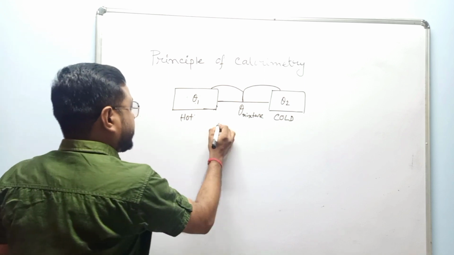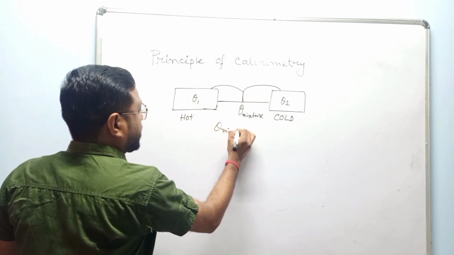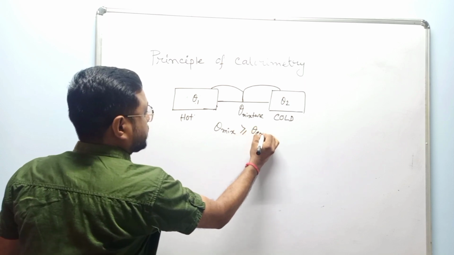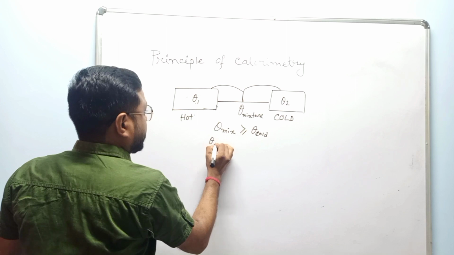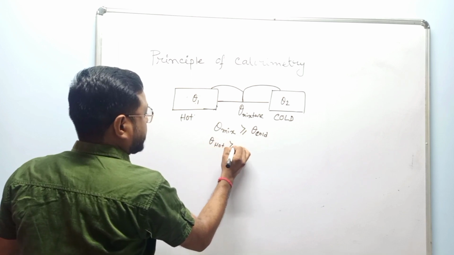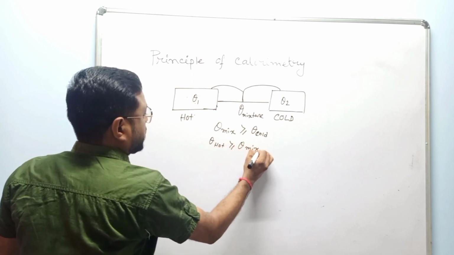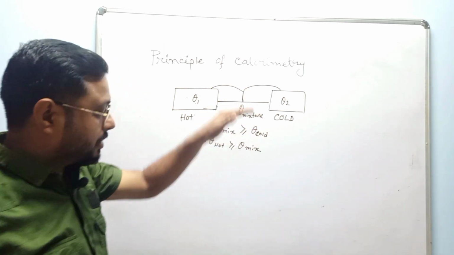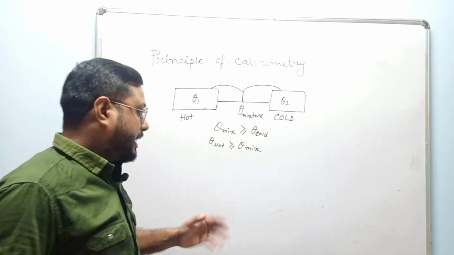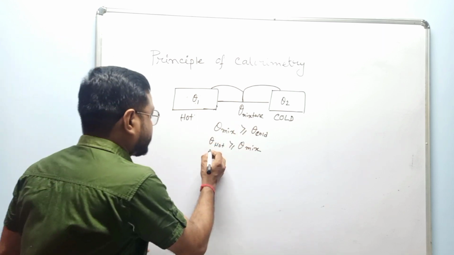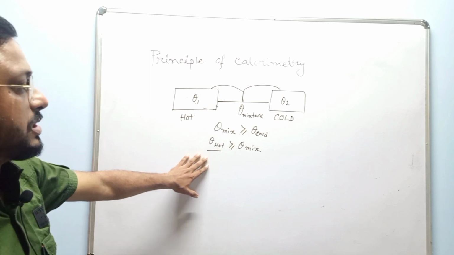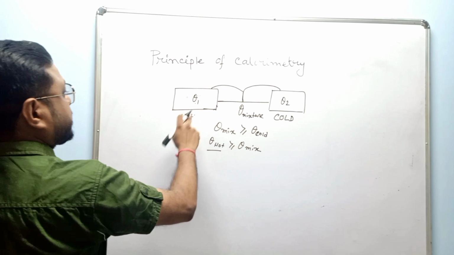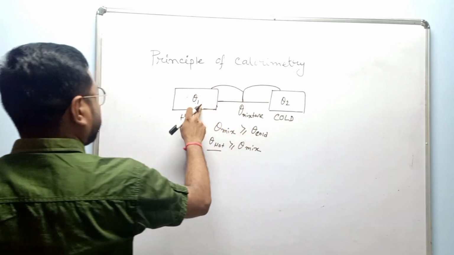So theta mixture is greater than or equal to theta cold, and theta hot is greater than or equal to theta mixture, because nobody can be so cold that theta mixture is lower than theta cold, and nobody can be so hot that it overcomes its initial temperature. So the mixture temperature must be greater than the cold body and lower than the hot body.